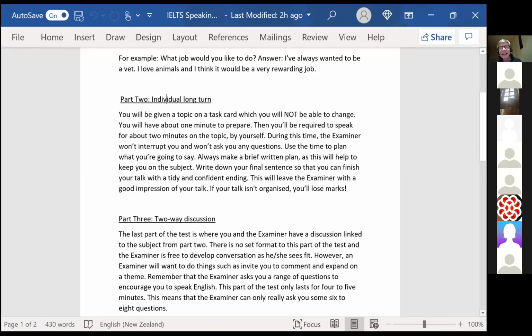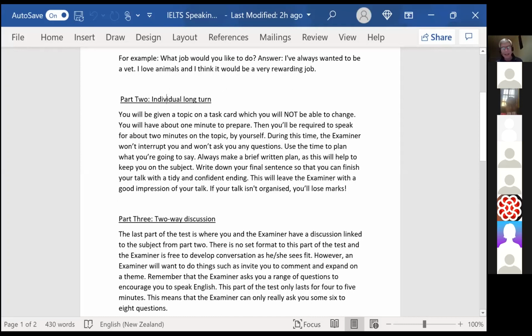It's often said that the most important parts of a talk are the beginning and the end. What happens in the middle isn't so important if you have a confident first sentence and a confident last sentence. And as it says there in the last sentence, if your talk isn't organized, you'll lose marks.